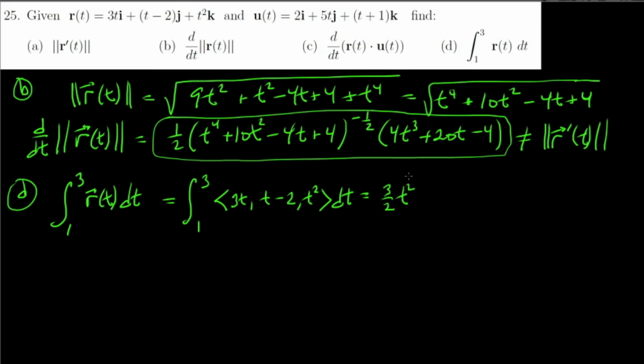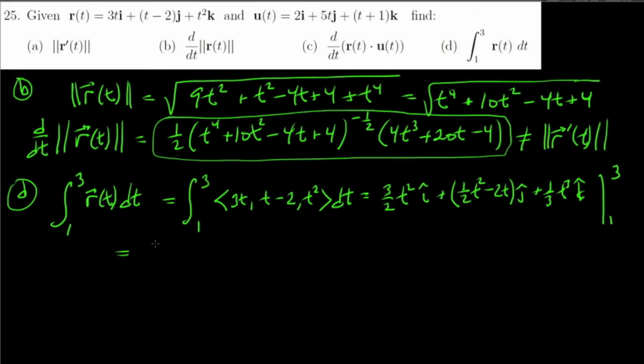So I times 3/2 t squared, and then plus 1/2 t squared minus 2t times j, and then plus 1/3 t cubed times k, and now we evaluate between 1 and 3. So all right, let's do it. I can't do this in my head, right?